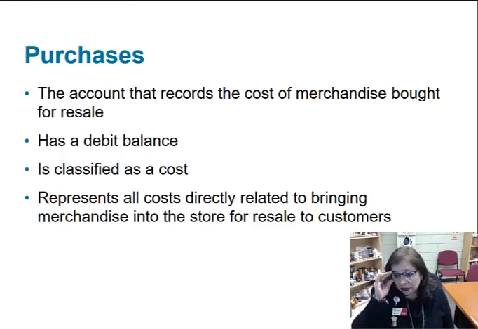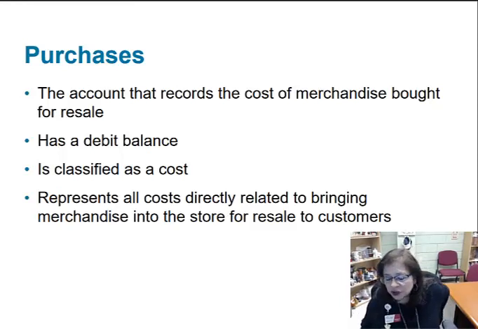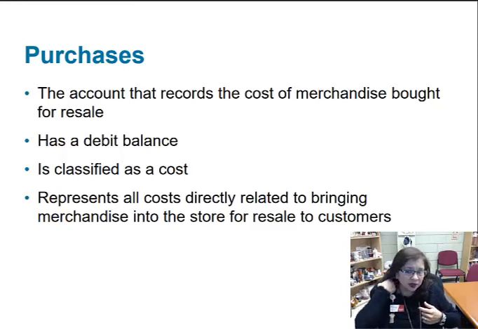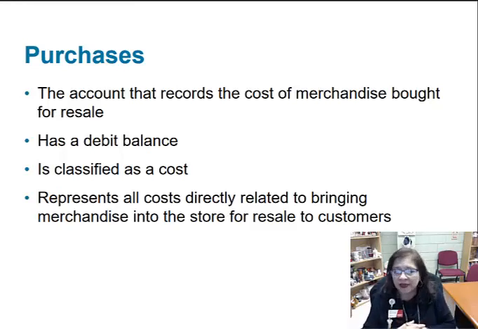Alrighty, guys. This week we're going to go over chapter 10, which is purchases and cash payments. Now, one thing about purchases is that it's the account that records the merchandise that we buy for resale, like Walmart. It purchases things from other people, and then they go ahead and do a resale.